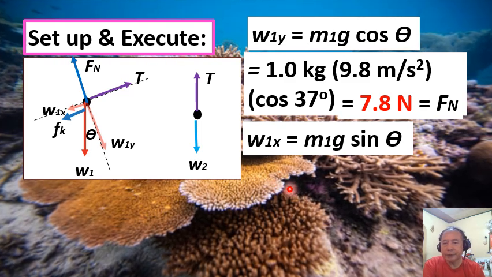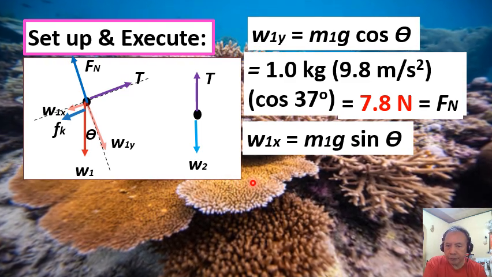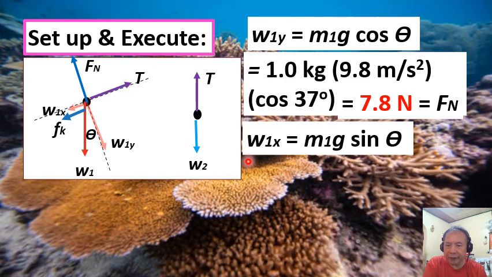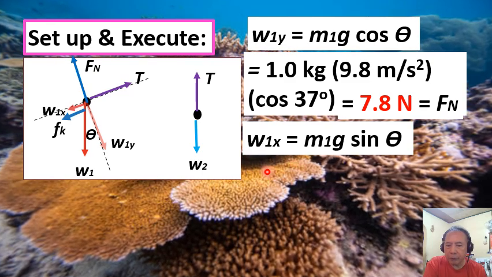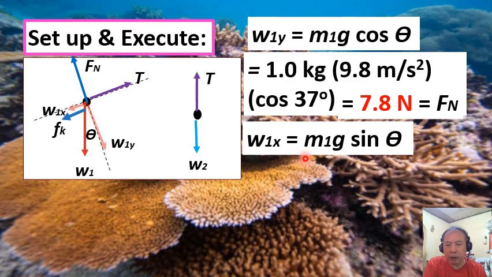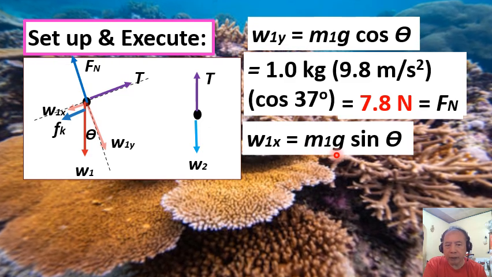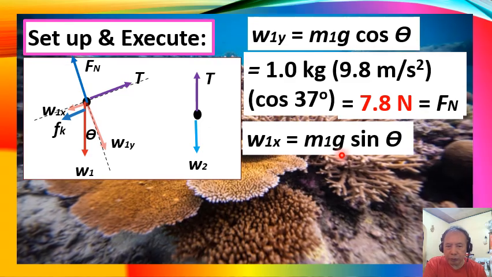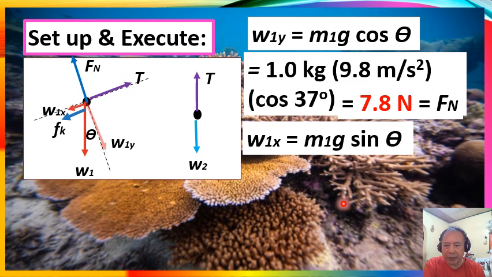And similarly, we do the same for the x component of the weight W sub 1. That is, W1x equals the product of M1 and acceleration due to gravity, multiplied by sine of the angle theta.